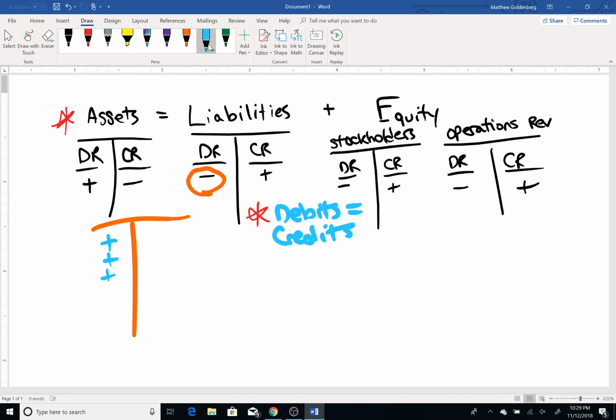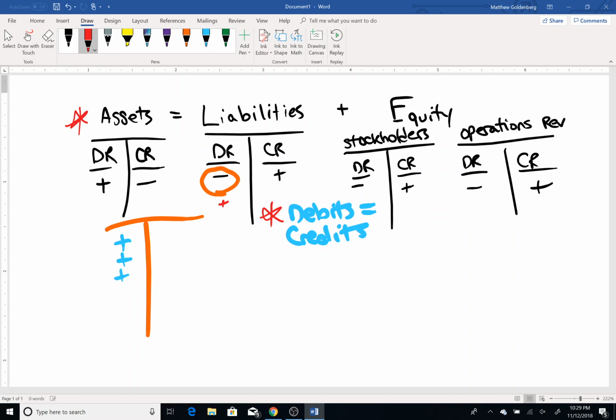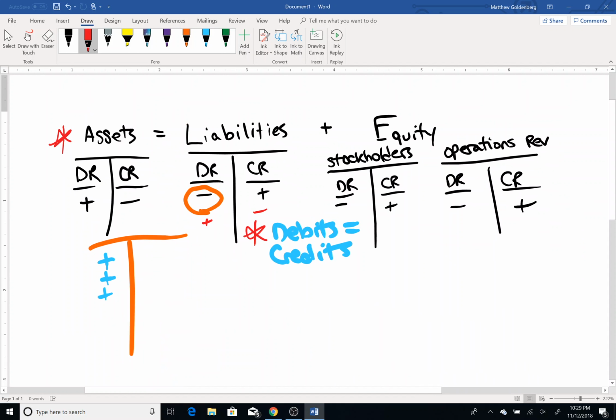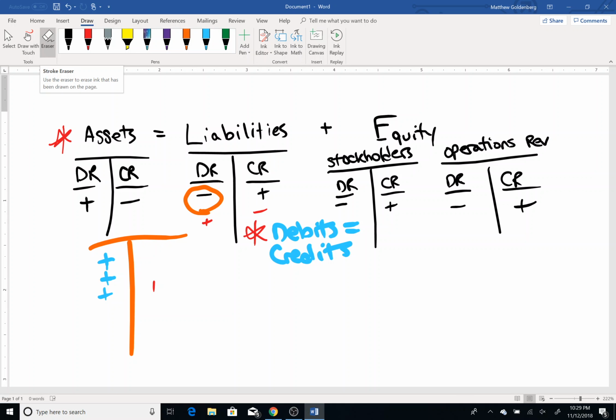If liabilities are represented in red, and if liabilities were secretly a plus, and credits are secretly a minus, then instead of having what would amount to be liabilities on this side, to have it balance, you get a situation where you have liabilities on the other side.